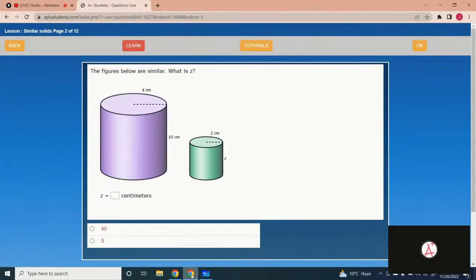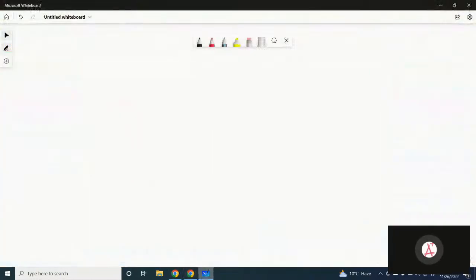You have to find the length of the sides. The radius of the larger one is 4 meters, and the side length of the larger one is 10 centimeters.